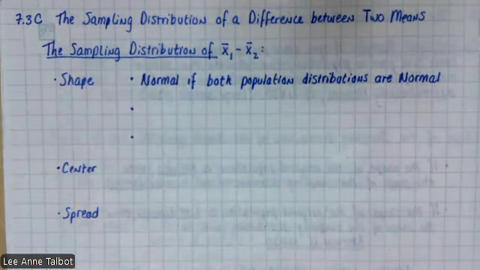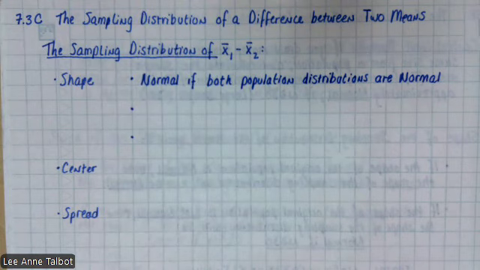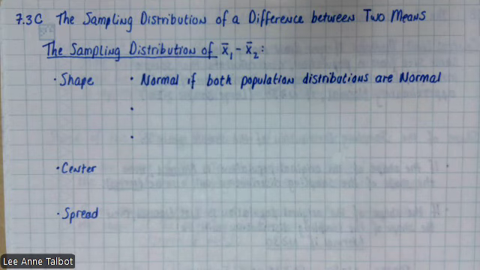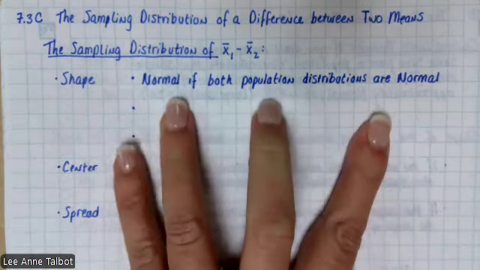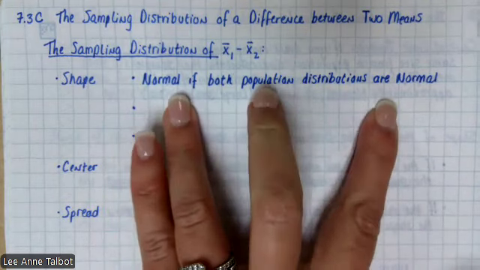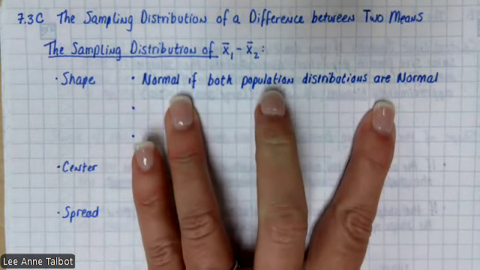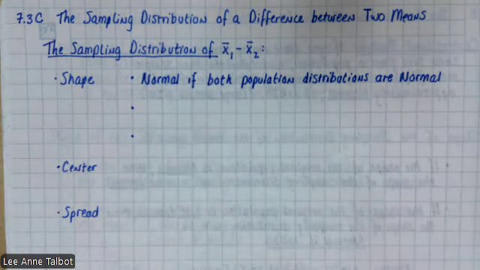That means that if it says normal in the problem for both distributions, so you would look for it to say normal twice, then you can state that the shape is normal. And then you get to use normal CDF. But that's really the whole point of checking the shape, is making sure that you can use normal CDF. Does this make sense to you guys? So if it says normal for both, it's normal, move on with life.